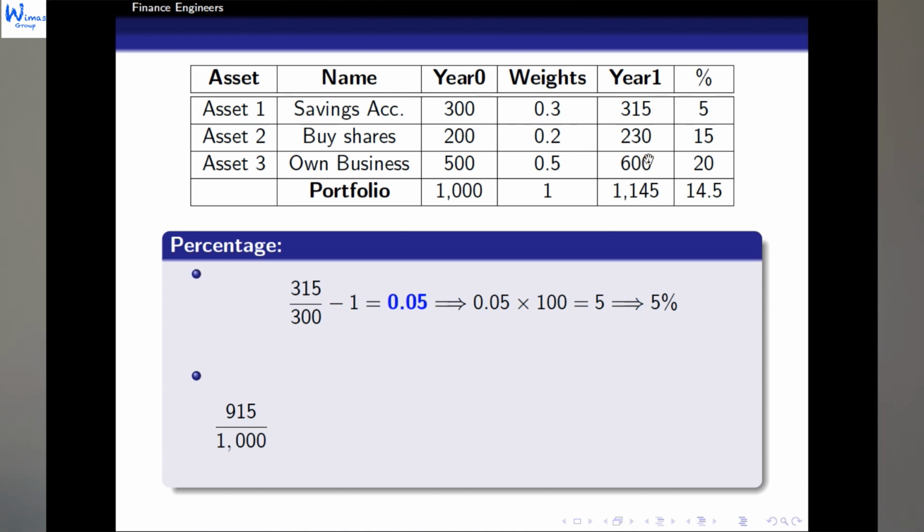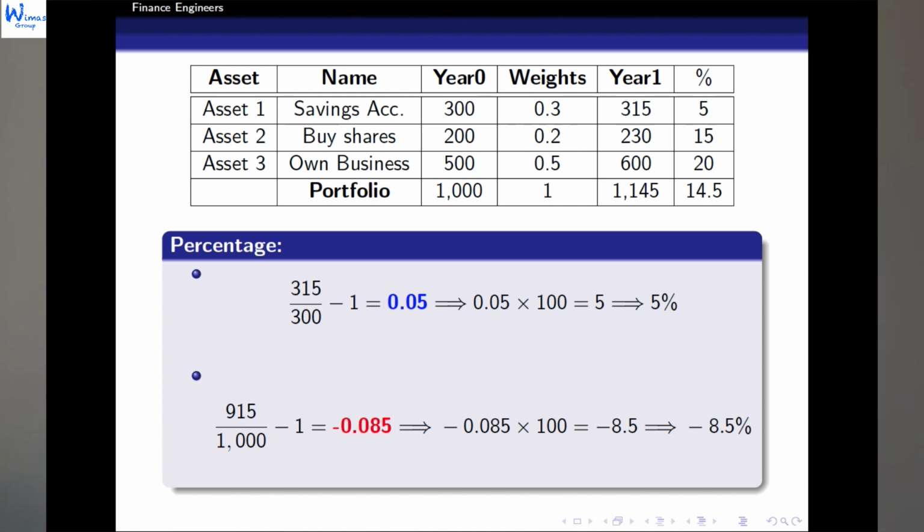So in that case, we have 915, we divide it by 1000 and we subtract 1, and we end up with something negative, which is minus 0.085. Putting it in percentage, we obtain minus 8.5%. So here you realize that we cannot say it's a profit, maybe it's a negative profit, but the correct word is a loss.